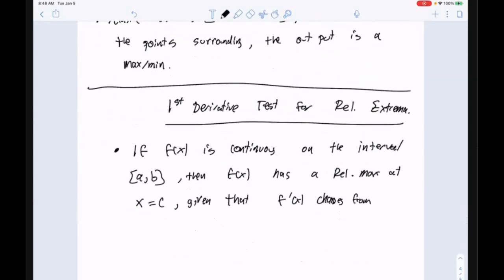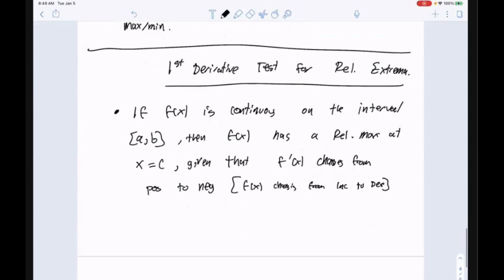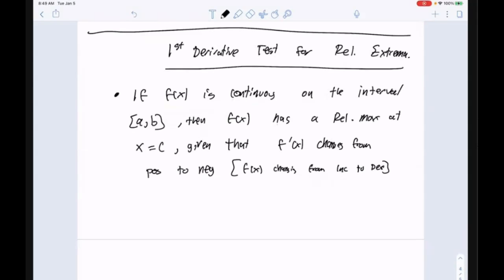The derivative changes from positive to negative. F of x changes from increasing to decreasing, but we must describe it in terms of the derivative.